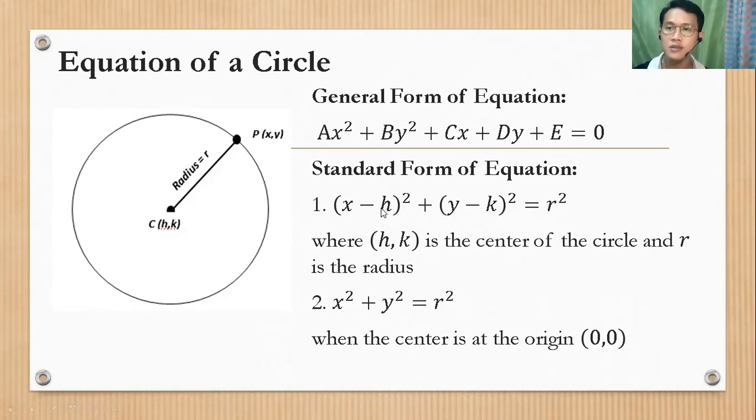If you include 0, x minus 0, what remains will be x, and then y minus k, and when it's at the origin, which means 0, y minus 0, you will get y. So basically, if you simplify that, it will become x squared plus y squared is equal to r squared.